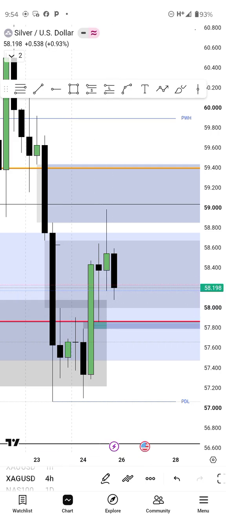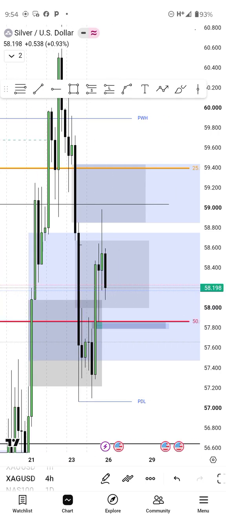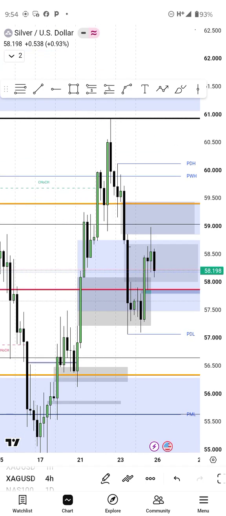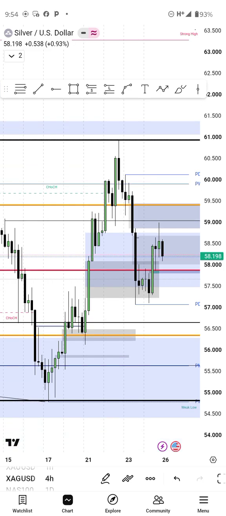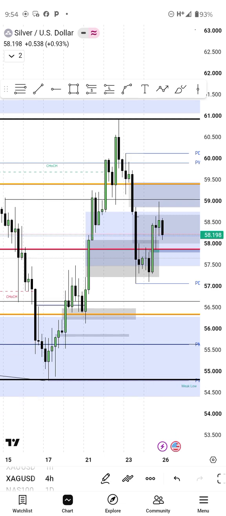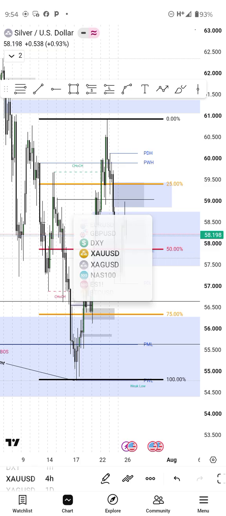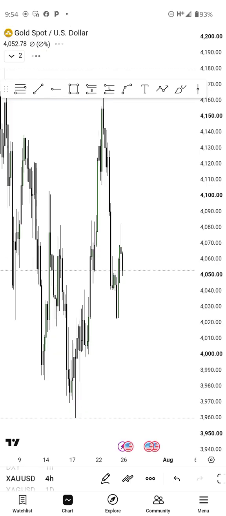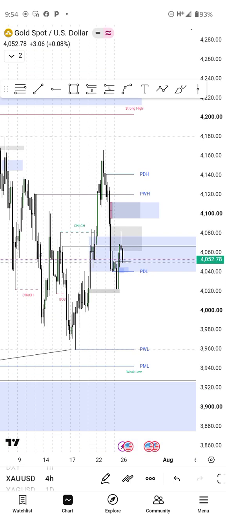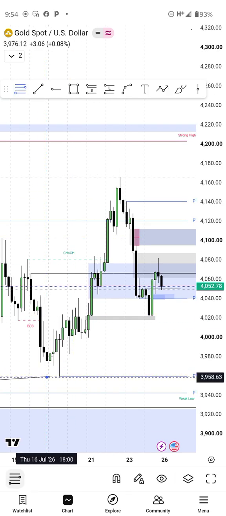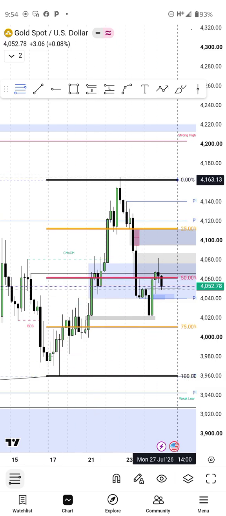So that's the high probability setup. If it were me, I would take a silver trade rather than a gold trade, because silver will give me the highest probable trade of the week. So let's measure gold on the 4-hour, from the swing low to the swing high.